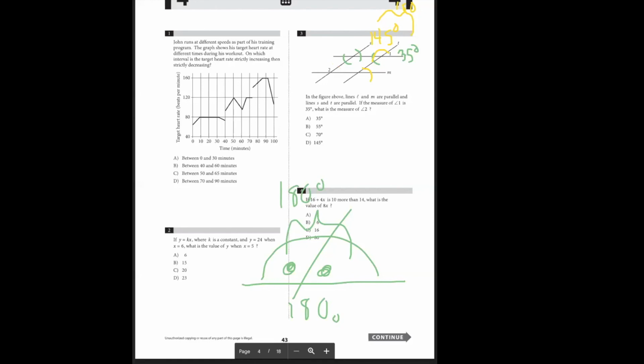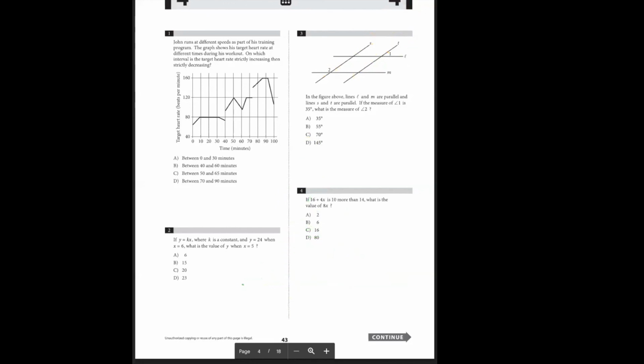Sorry, that's confusing. So if that's 145, this one will be 145, that one will be 145, and that's your answer. It's just kind of like going back to those geometry principles, but this one is actually not too bad. So I'm gonna go on to the next page.